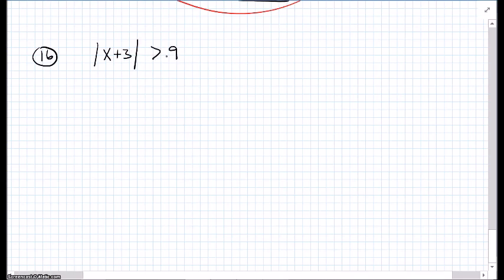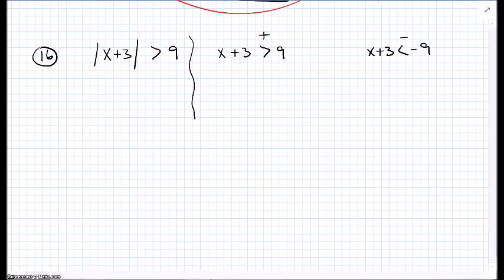Remember, that's going to make it an or statement. So the absolute value is already on one side of the equation. So we're going to set up a positive solution and a negative solution. Okay, the positive solution set is nothing more than x plus 3 is greater than 9. The negative solution set, remember, we're going to have to go with negative, so we're flipping the inequality. So it would be x plus 3 is less than negative 9. Let's solve the positive solution set first.